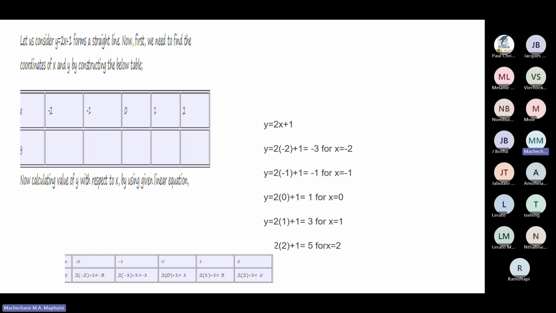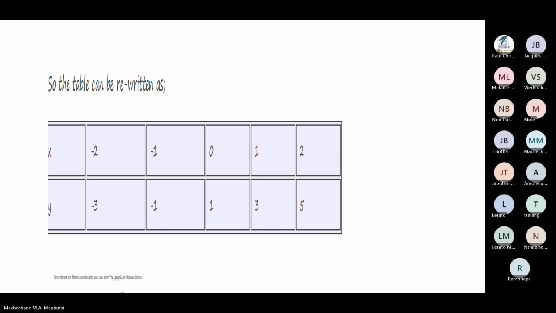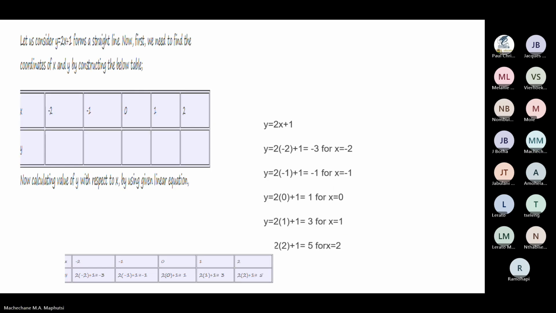So when the x is 2, we replace it in the place of x, like you can see there on my screen. Then from there, we add 1, then the answer is 5. So now, as you can see here, this is the table that we have. If we substituted 2, the answer is 5.